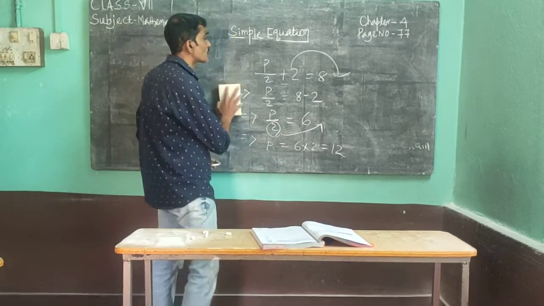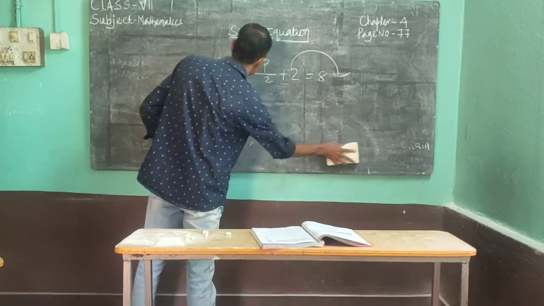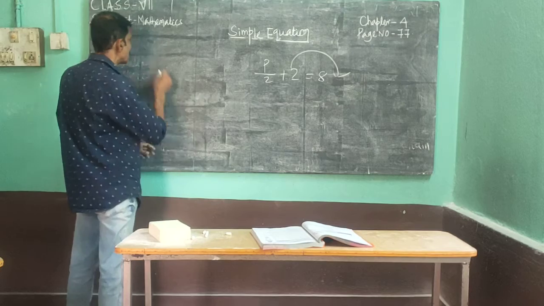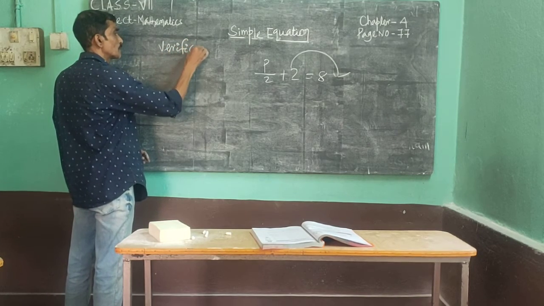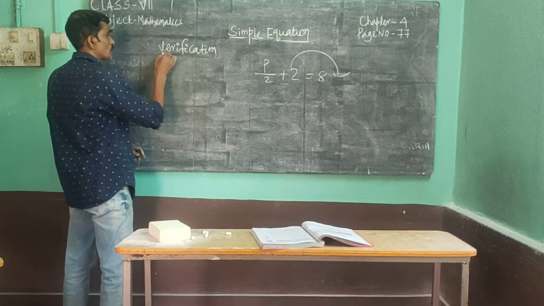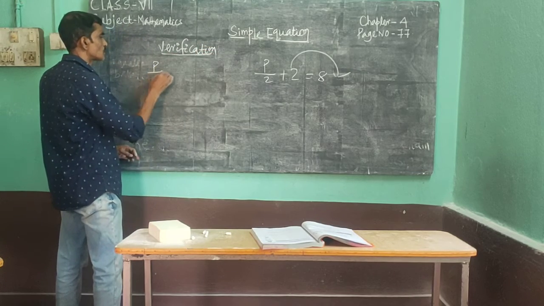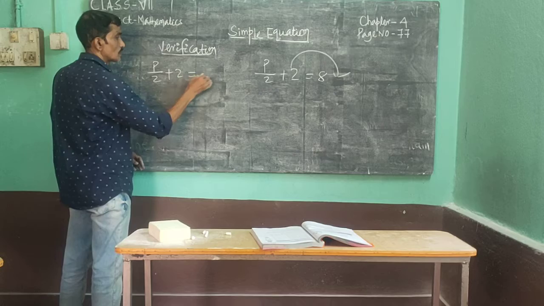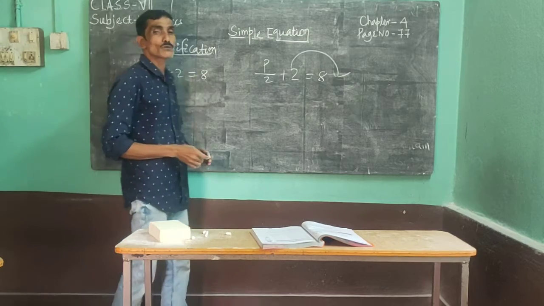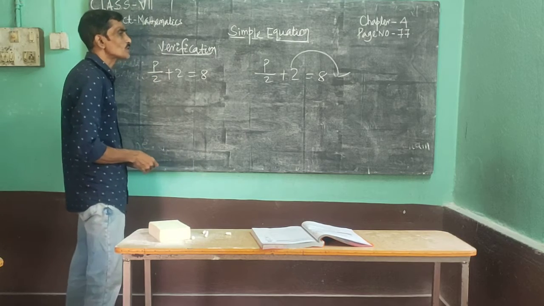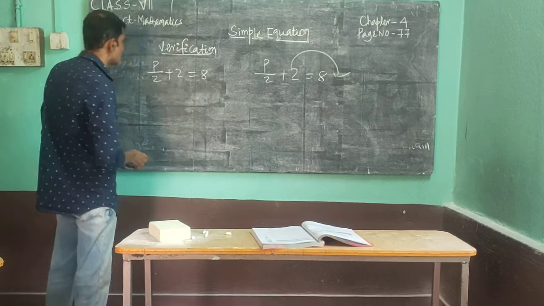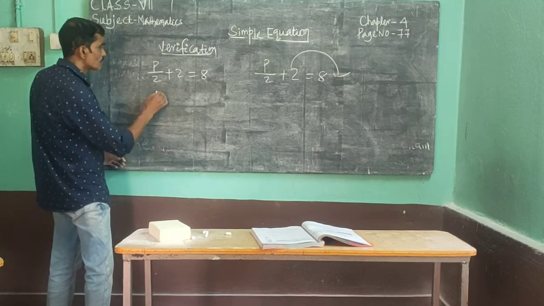Whether it is correct or not, how to know? To verify, again, you have to write the question first. Then the value of p you got in your answer, that you have to substitute. What answer you got? 12 you got. Then what am I doing here?